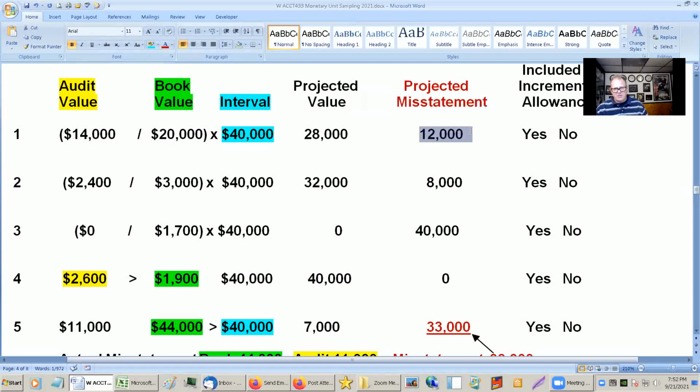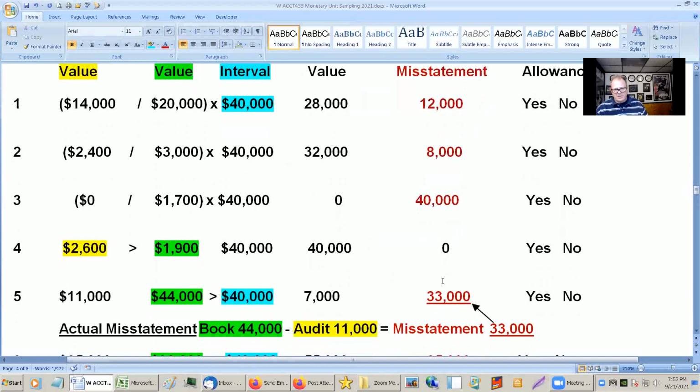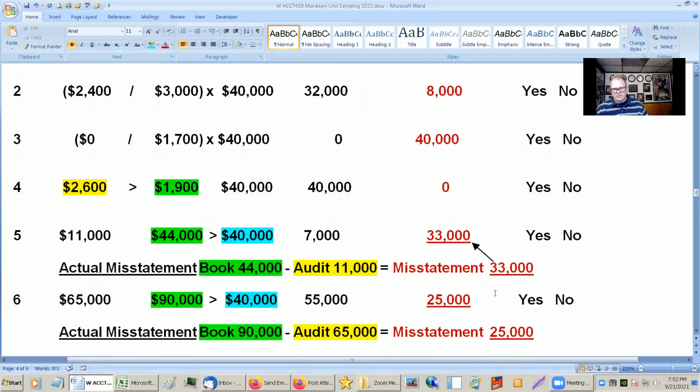So these are all the misstatements. This one actually isn't a misstatement, but it doesn't matter, it's 0. So we add all these up: 12 plus 8 plus 40 plus 33. I'm going to make that a different color so it's not confusing.